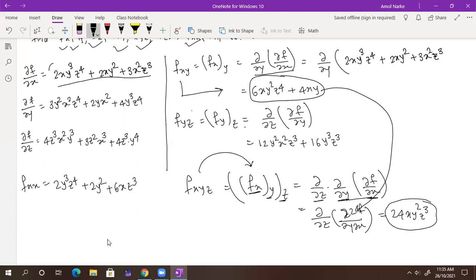Here no z term is present, so it is 0. That is what I am doing. Got it now? Yes, sir. Okay, clean and clear. So this is how we are doing partial differentiation.